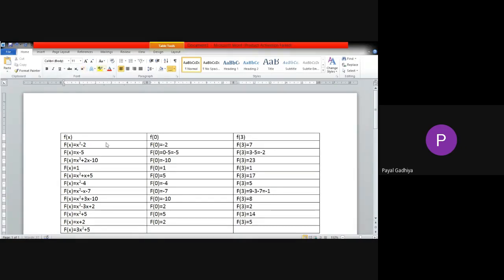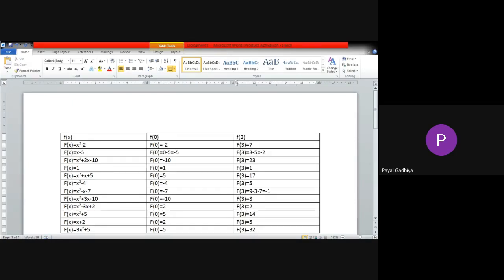Good. Okay, what will be f of 0? 5. f of 0 equals 5. Then f of 3 is equal to 32. f of 3 means 3 into 9 plus 5. Yes, 32. Very good.